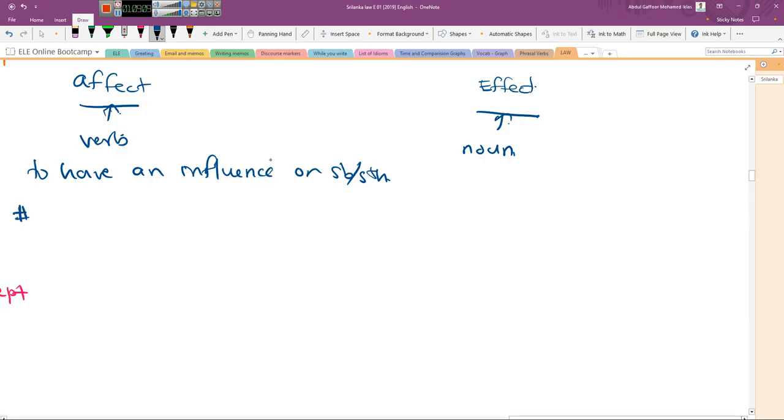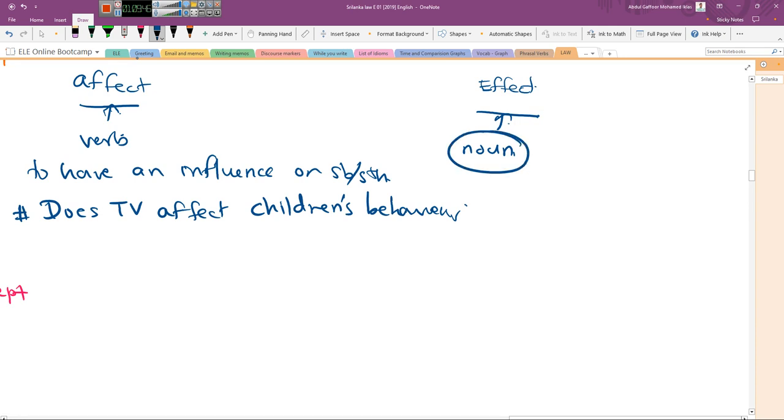For example, does TV affect children's behavior? And now effect is a noun, but this is not to have an influence.